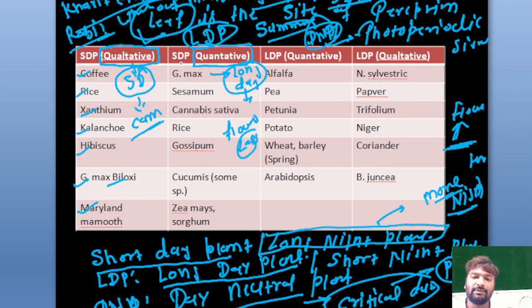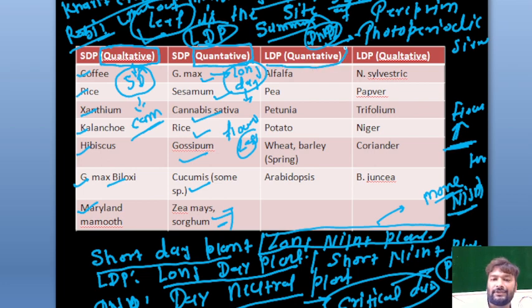Quantitative short day plants generally grow under short day conditions, but if they grow under long day conditions, flowering is less. Examples are Glycine max, Sesamum, Cannabis sativa, rice, Gossypium, some Cucumis species, and sorghum.